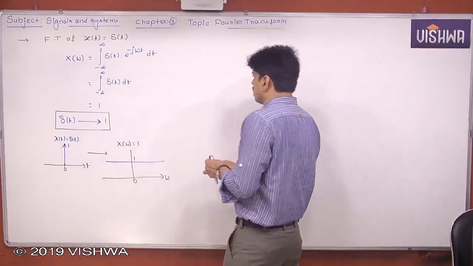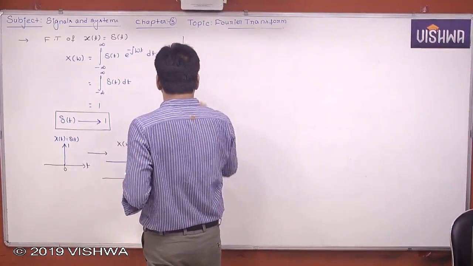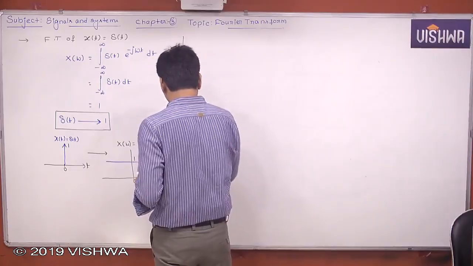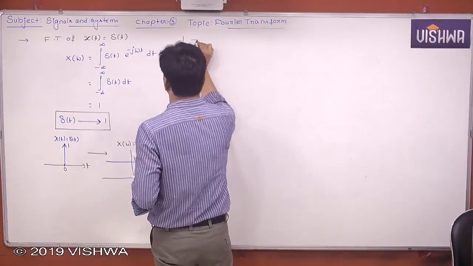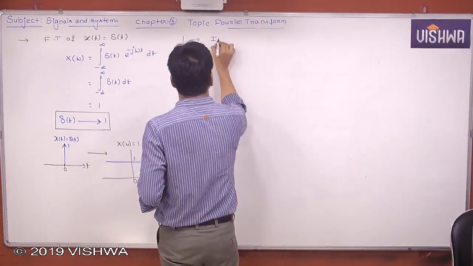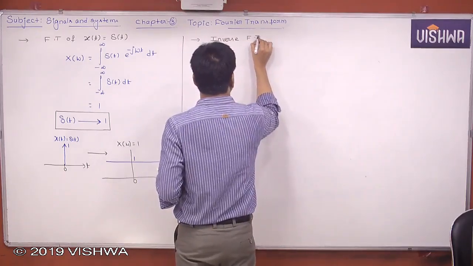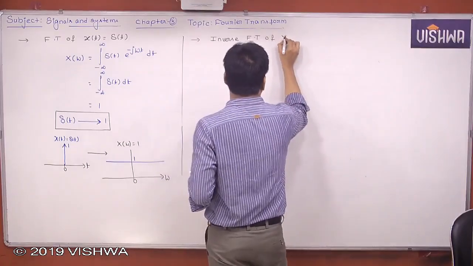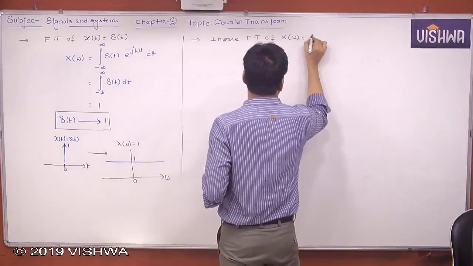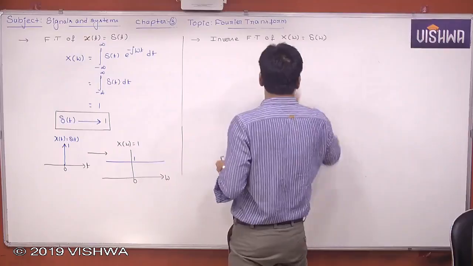Next, another one. What is the inverse Fourier transform of delta omega? The inverse Fourier transform of X of omega equal to delta omega.